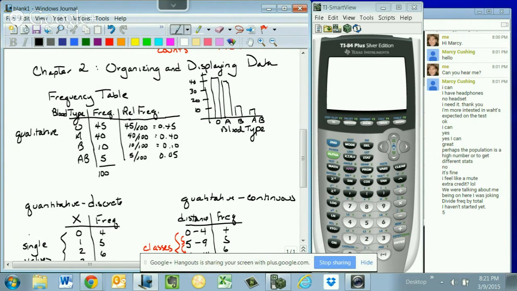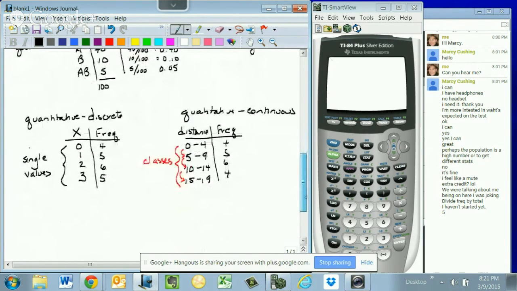I think most people are familiar with bar charts. You can also create one that has relative frequency on the vertical axis as well. That's another one. And then we also looked at pie charts. So that would be something else that you'd need to be able to do for qualitative data.